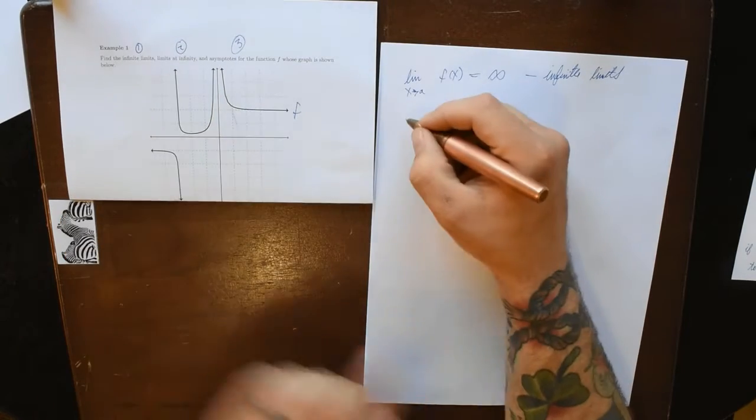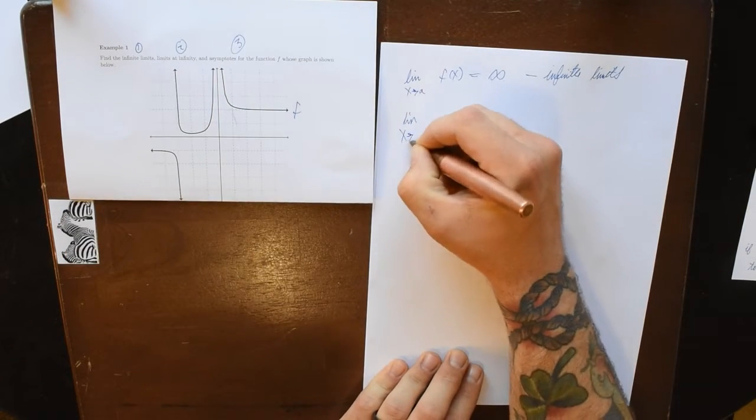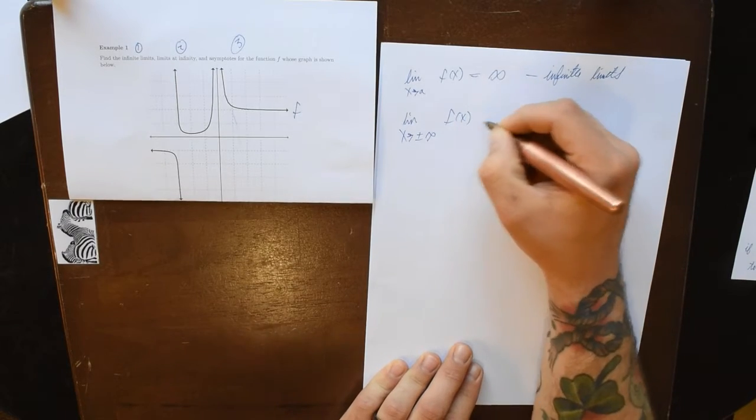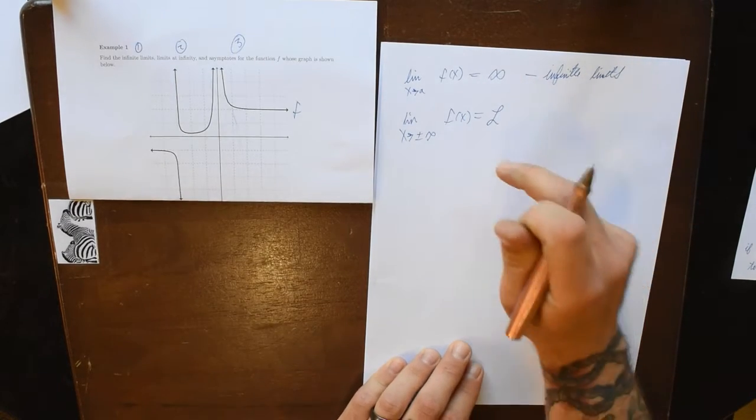Our limits at infinity are those where x goes to plus or minus infinity. They hopefully equal some value of L.